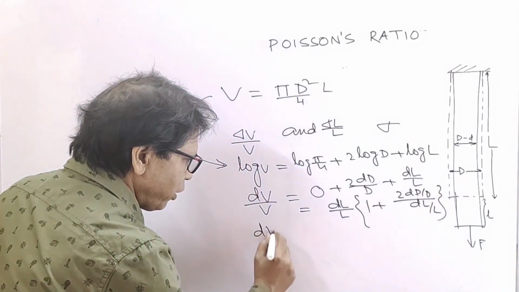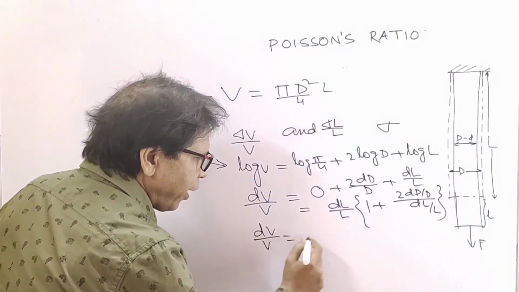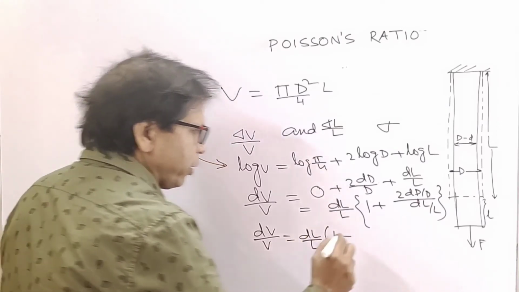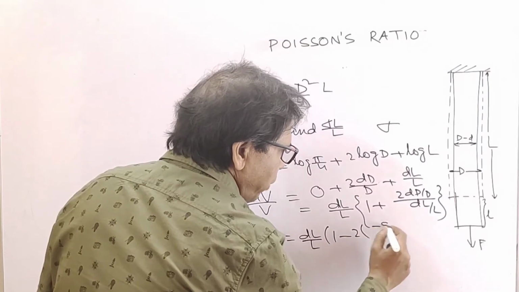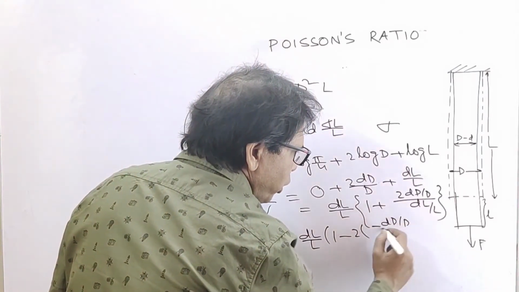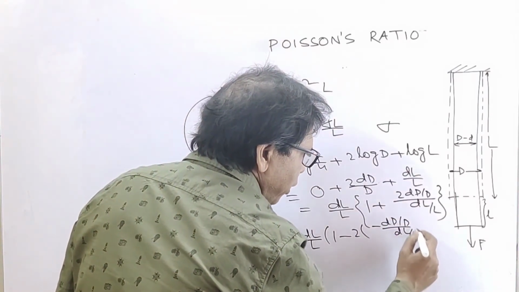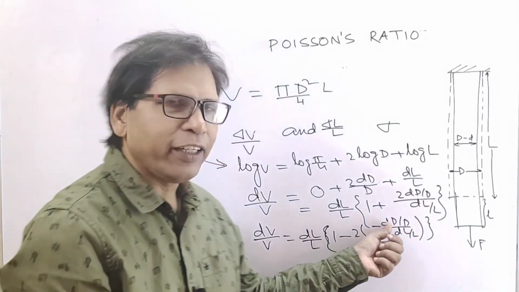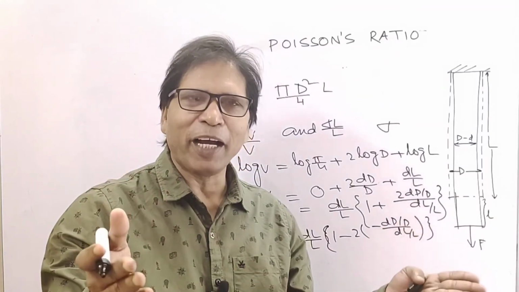Now this becomes dV by V equals dl by L times 1 minus 2 into minus dd by D divided by dl by L. Now minus dd means decrease of diameter.